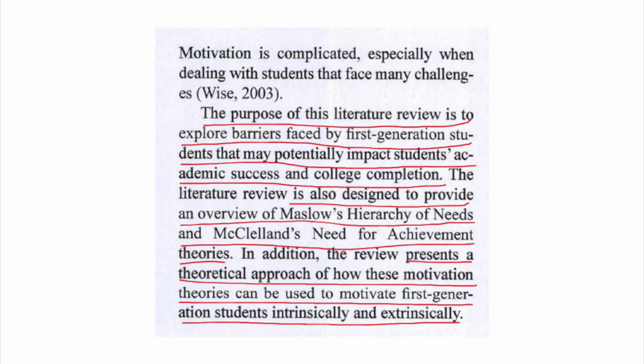Then, at the end of the introduction section, Petty explains the purpose of this study, which is threefold. 1. Explore barriers faced by first-generation students. 2. Give an overview of Maslow's hierarchy of needs and McClelland's need for achievement theories. And 3. To provide a theoretical approach to how these theories can be used to motivate first-generation students.